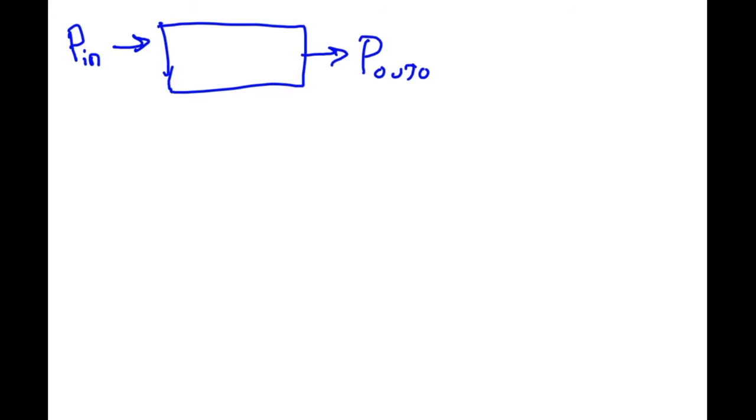So if we clear this and look at a loss instead, we're going to have a signal that's coming in. That's our power in. We're going to go through, let's say this is a transmission loss, and we're going to come out to power out.